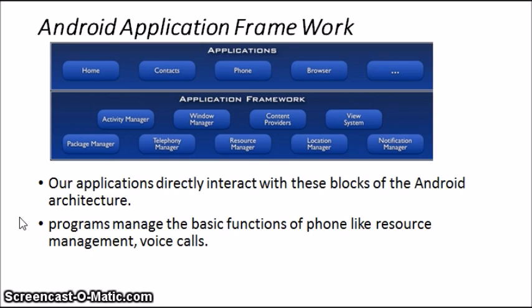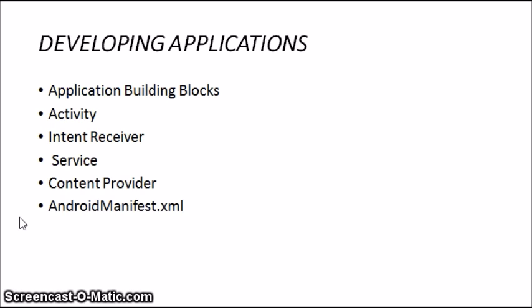Programs manage the basic functions of the phone like resource management and voice calls. Here comes developing applications. The first is application building blocks: activity, intent receiver, service and content provider, and AndroidManifest.xml.